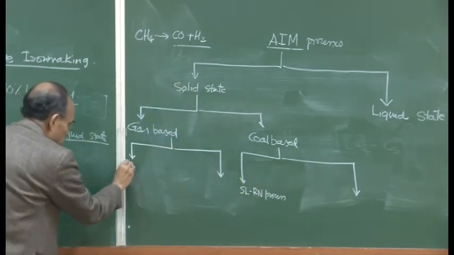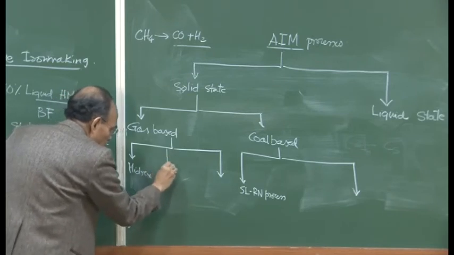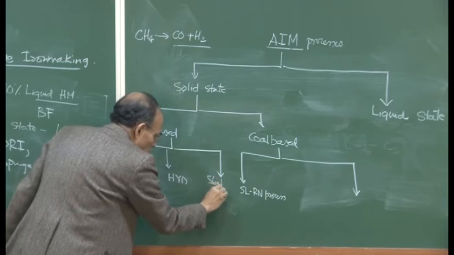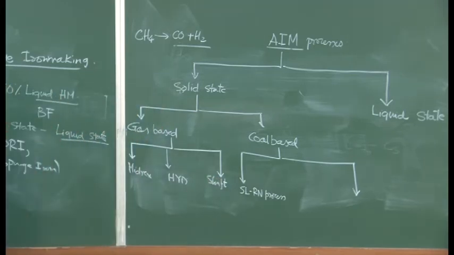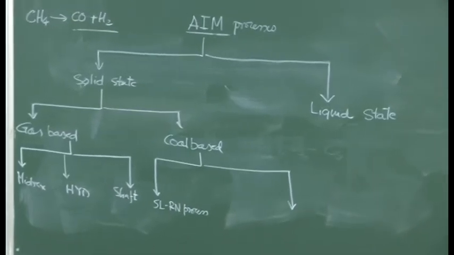Among gas based processes, we have Midrex, we have HYL, and we have shaft. These are popular processes, there may be others, and we will not discuss everything, because from each category I will take up one and then discuss.